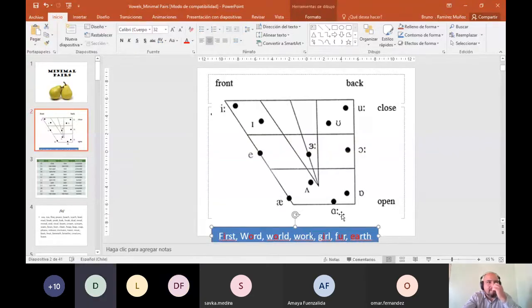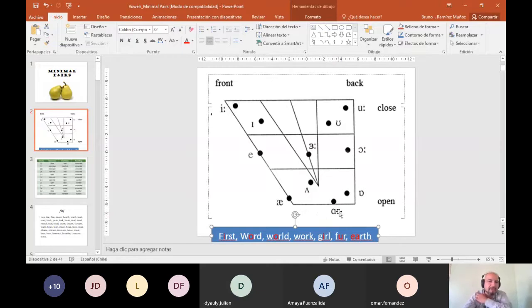When we pronounce that word, teacher, we have to open the mouth wider, bigger, and your tongue should go back. Car. Father.